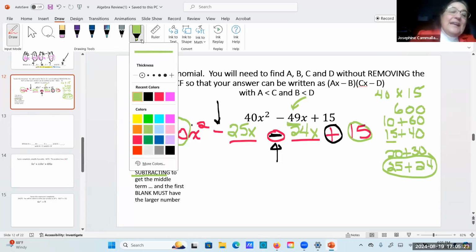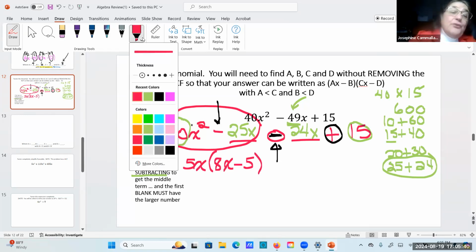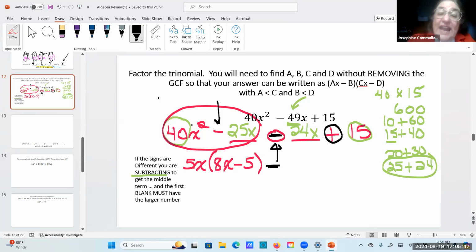Well, as you can see, this is going to give me 5x, which is 8x minus 5. Now, don't forget, I have that negative. Now here, the greatest common factor is 3.